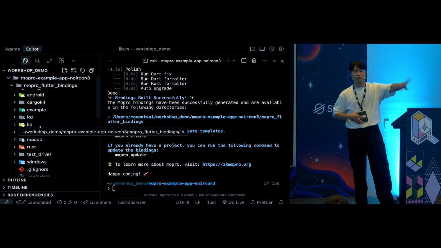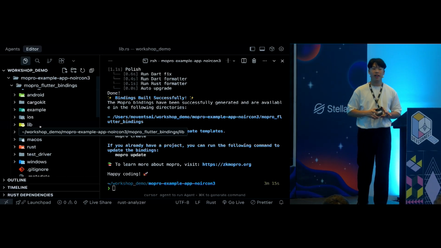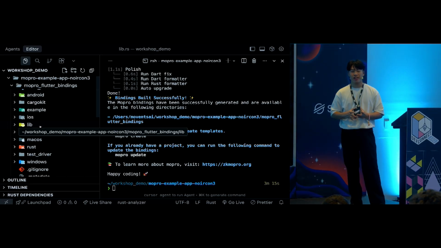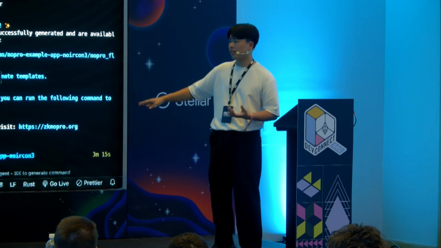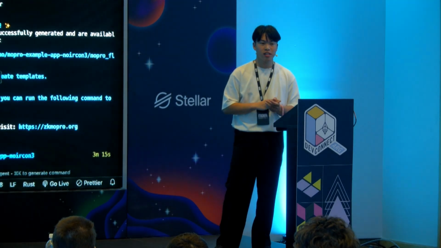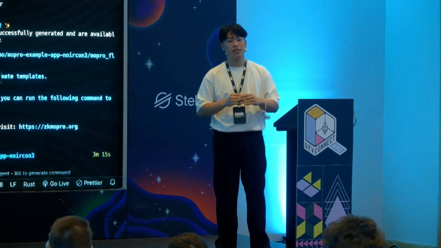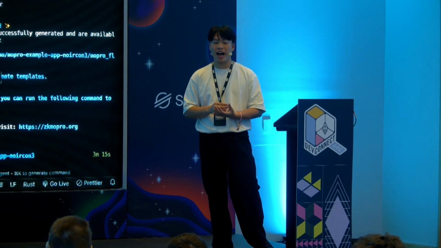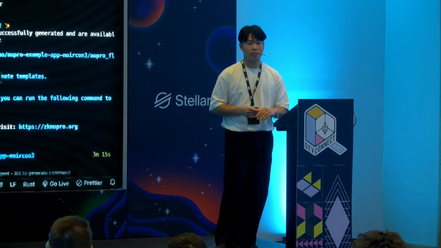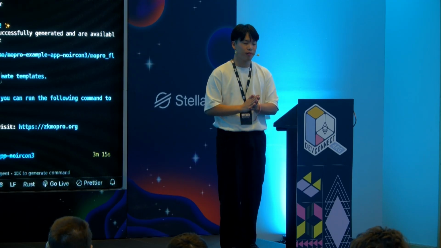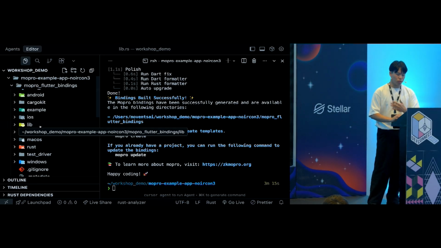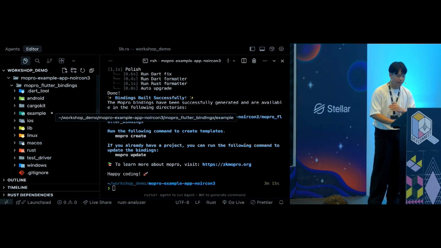Before, if we used UniFFI, it would generate the binaries for these Rust functions, which is quite big sometimes. For example, if you are building iOS bindings, sometimes it will be a few hundred megabytes or even gigabyte level. But in Flutter Rust Bridge, we use v4 right now.